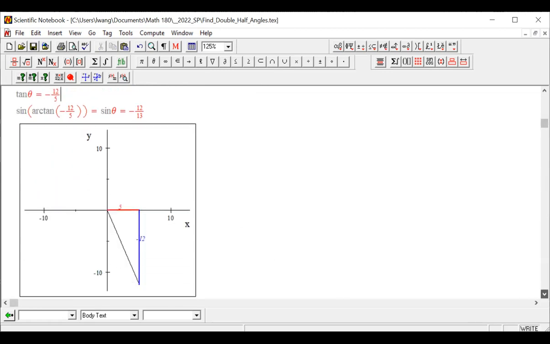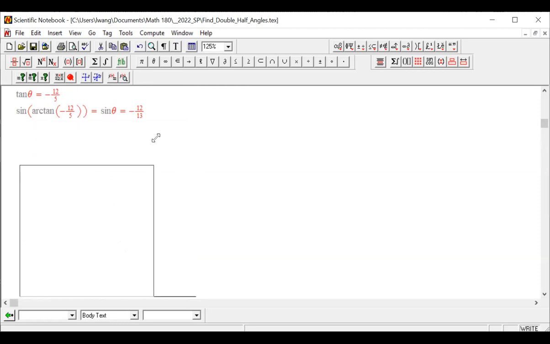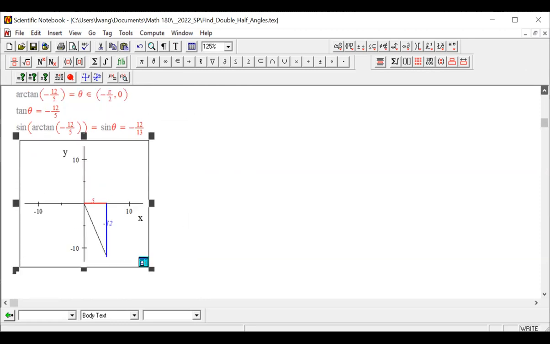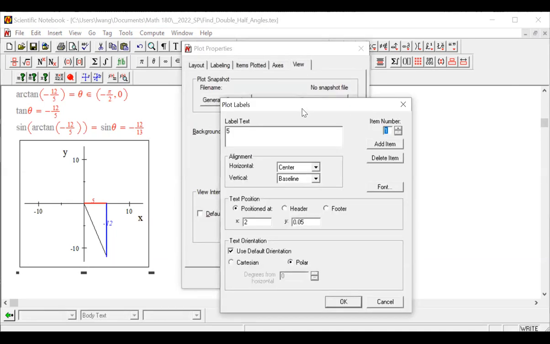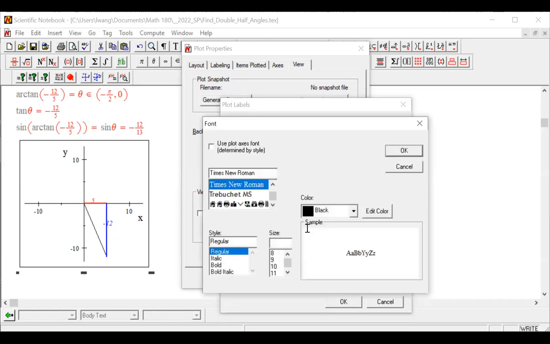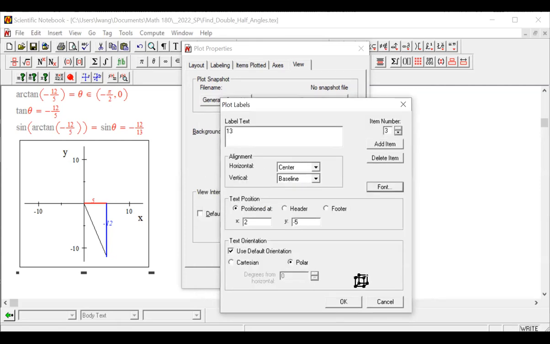The last thing I would do to make the picture perfect is mark this 13 on the hypotenuse, which is going to be the point (5, -12). I'm just going to mark that number for the reader.